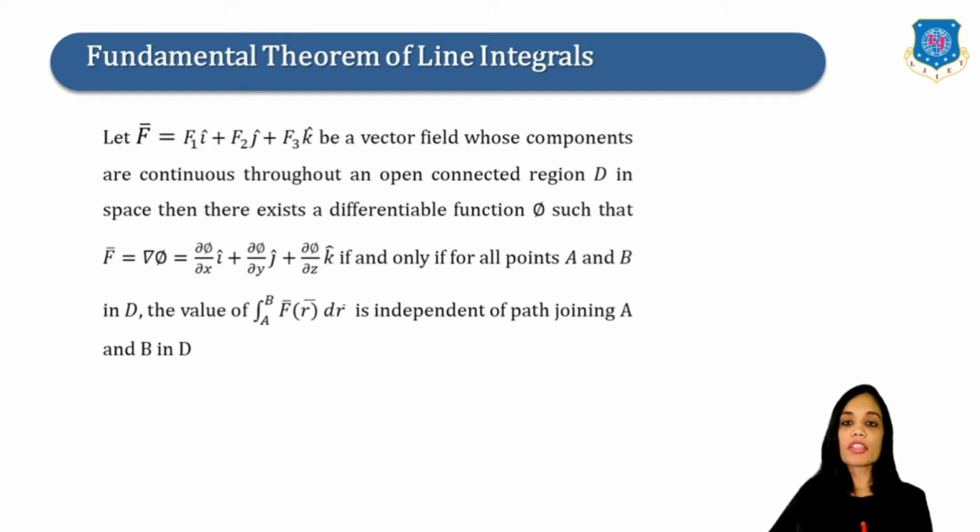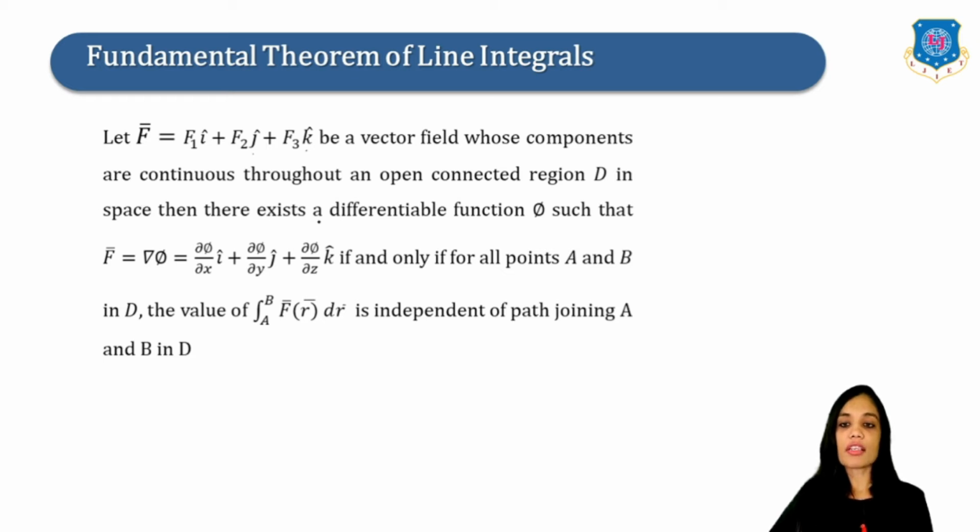The fundamental theorem of line integrals. You have to remember the statement of this. Let f bar equals f1 i cap plus f2 j cap plus f3 k cap be a vector field whose components are continuous throughout an open connected region D in space.